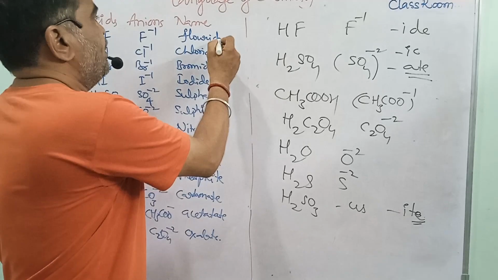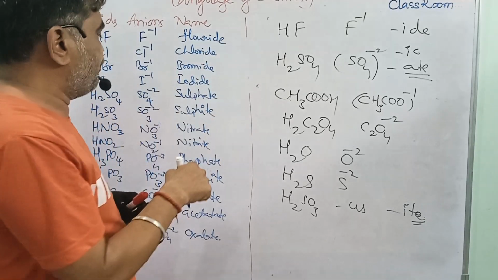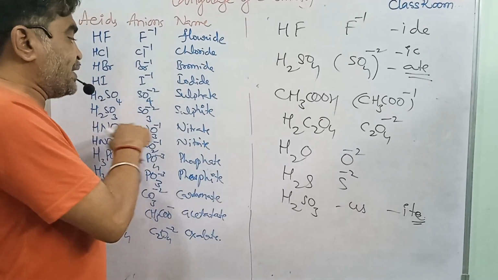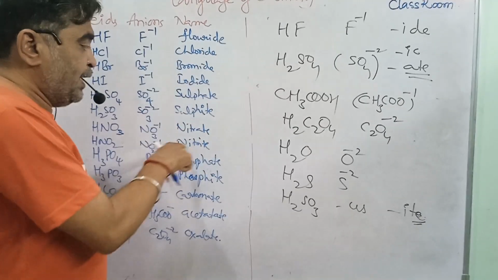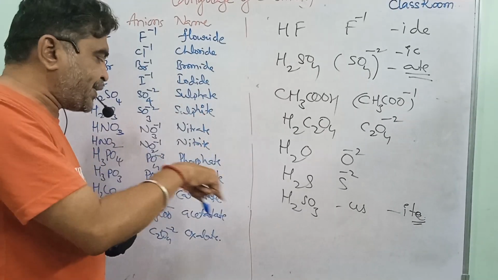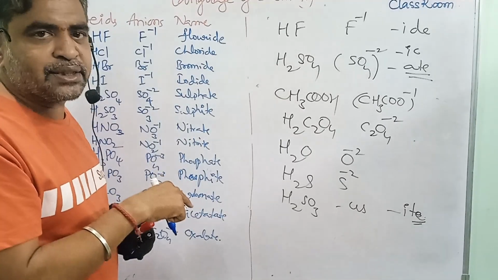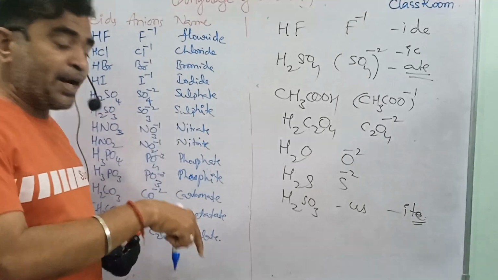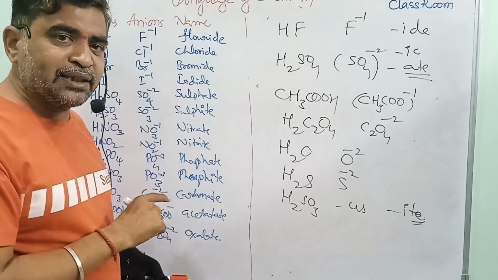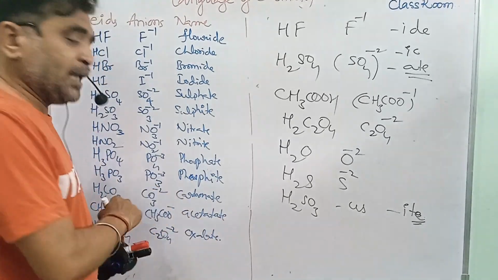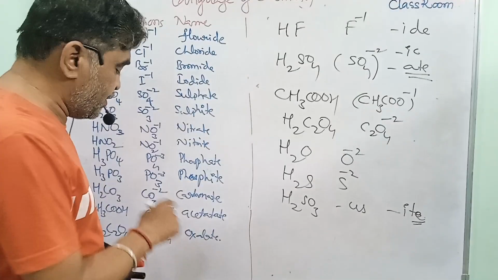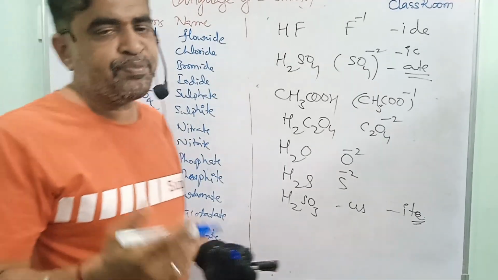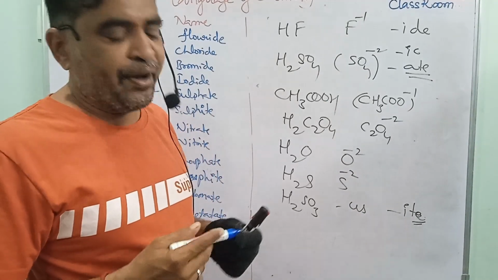Sulfuric acid gives sulfate, sulfurous acid gives sulfite, nitric acid gives nitrate, nitrous acid gives nitrite, phosphoric acid gives phosphate, phosphorous acid gives phosphite, carbonic acid gives carbonate, acetic acid gives acetate, benzoic acid, oxalic acid, whatever it is. You can easily write the anions.